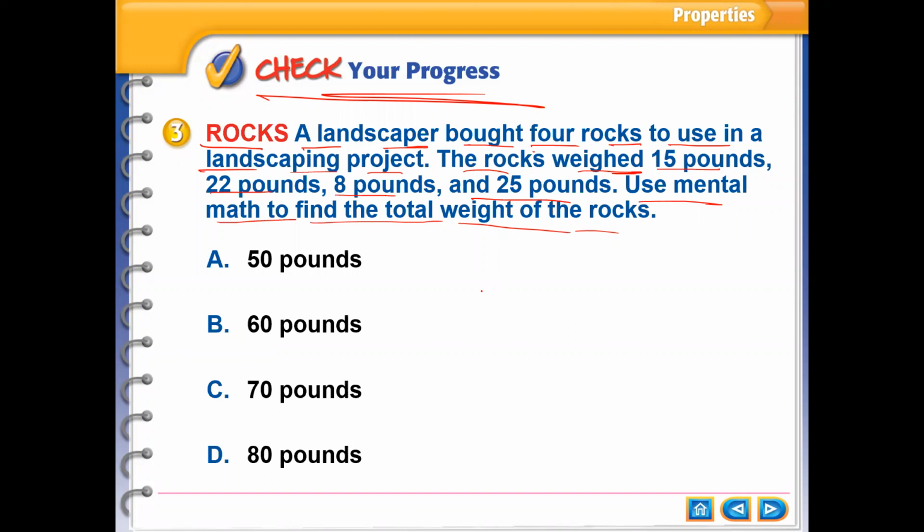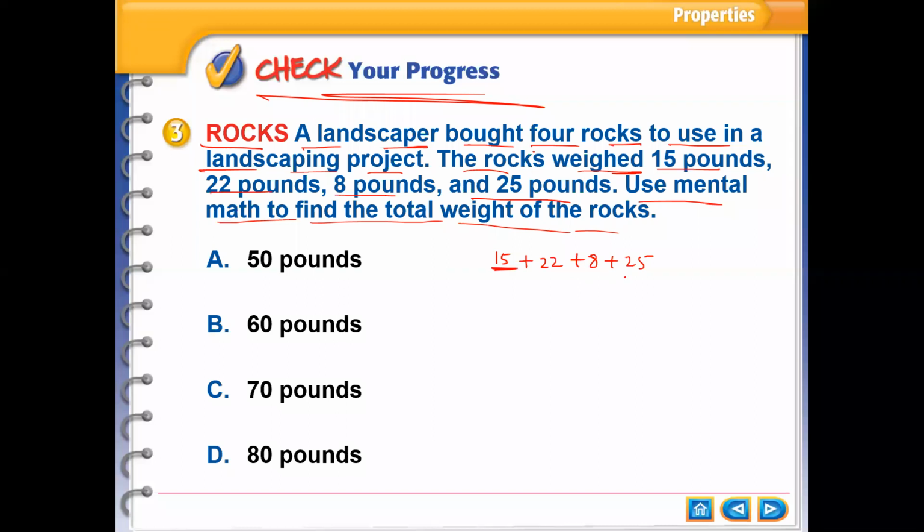So the weight of all 4 rocks is given. You have to find the total weight of all the rocks. Beta, 55 is not there in the option. So you have to add basically 15 plus 22 plus 8 plus 25. Now you have to add them with the help of the associative property.